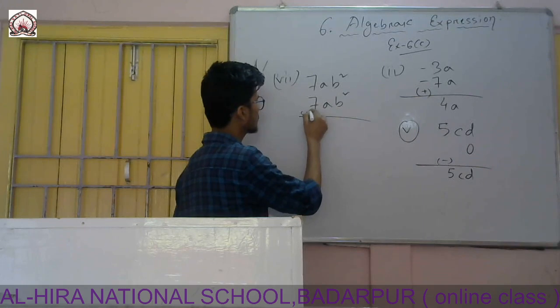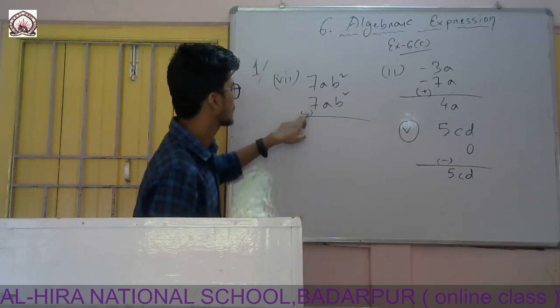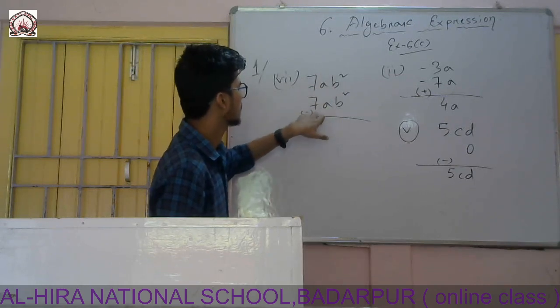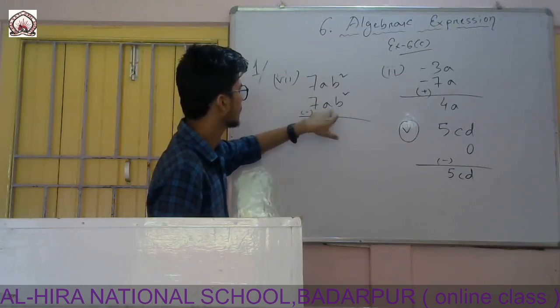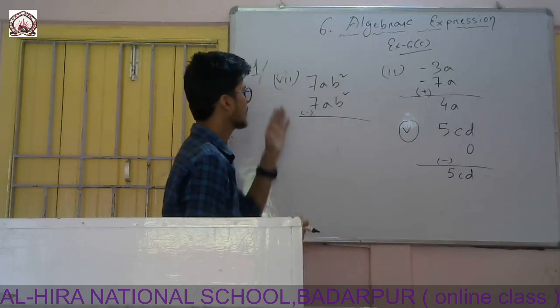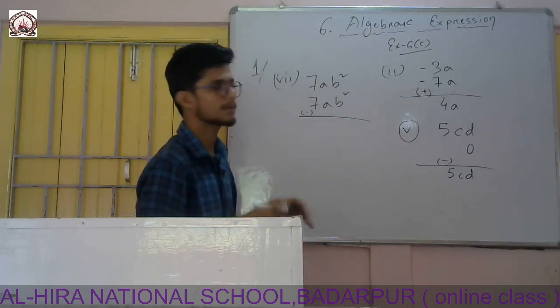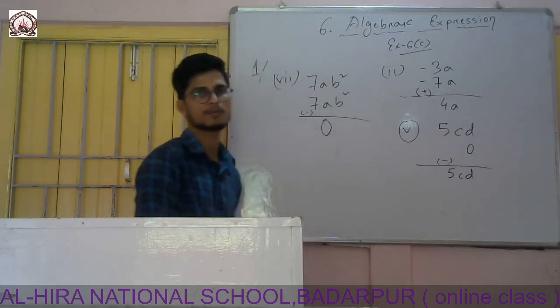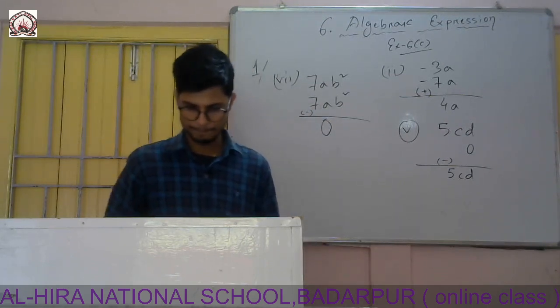So simply, if I change the sign, it is plus, so it will be minus. Plus, minus, it is minus. They are also 7, they are also a, so everything is the same. If I subtract 7 from 7, 7 minus 7 is 0, and with 0 no need to give any variable. So the answer is 0.